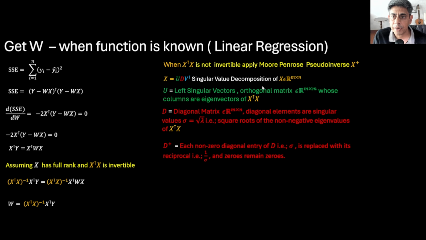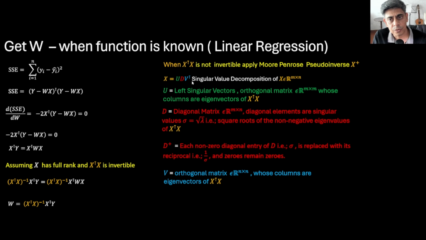Therefore, you can understand why it is called the pseudo inverse, because you are taking the reciprocal of the singular values in the diagonal elements. And then V is another orthogonal matrix of n cross n dimension. So this is m cross m dimension, and this is n cross n dimension. Essentially what you are doing is converting this X, which is not a square matrix, into two square matrices, one m cross m and another n cross n, each with its own eigenvalues, and in between you put a pseudo diagonal matrix, and that altogether gives you the X plus.